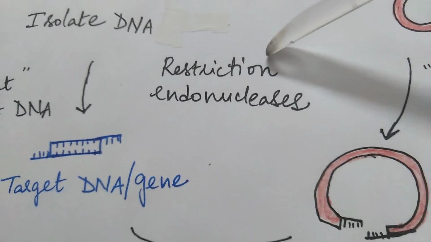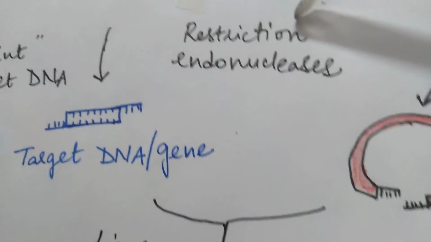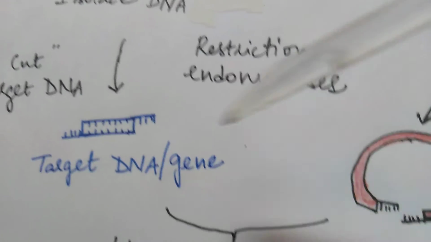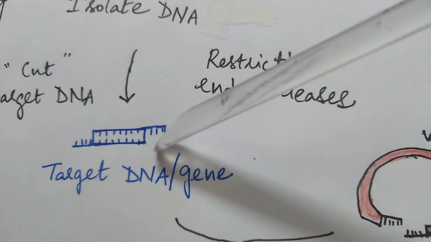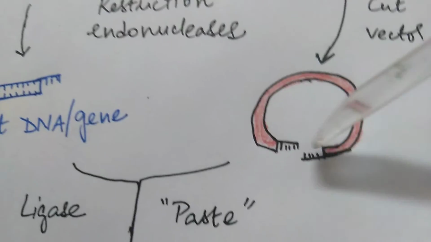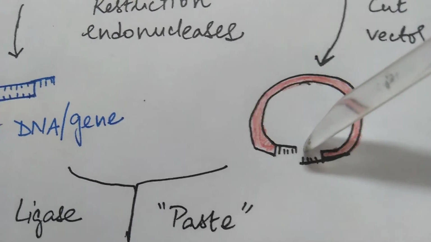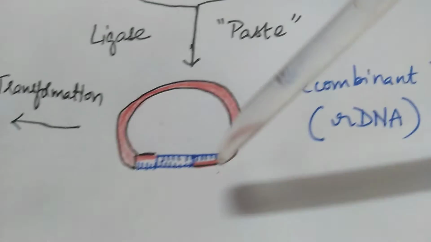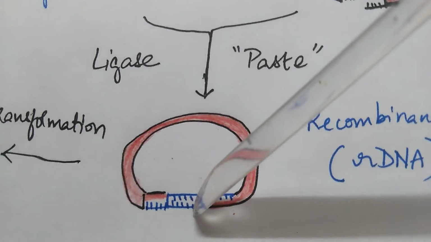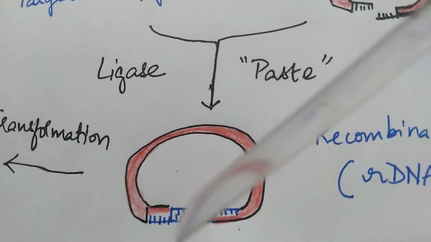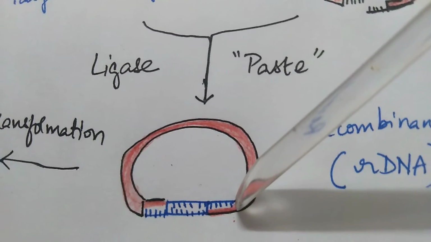These restriction endonucleases cut the gene unevenly, due to which the ends do not have base pairs. The same thing happens with the vector molecule. So once we paste them, that is, attach the vector with the gene of interest, they form complementary base pairs.